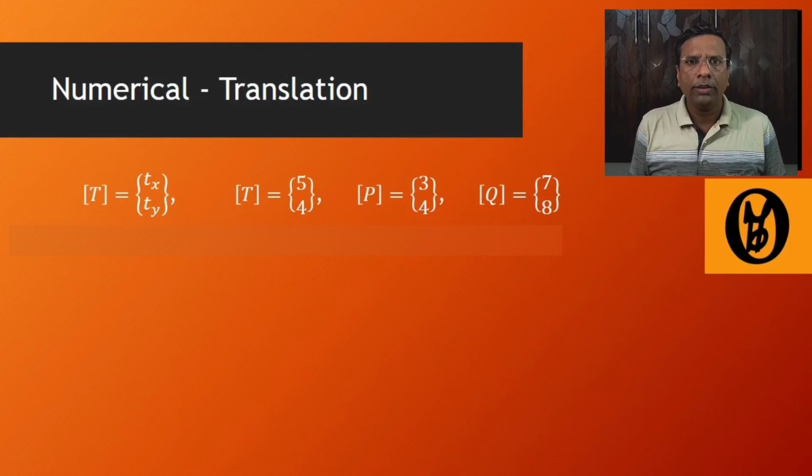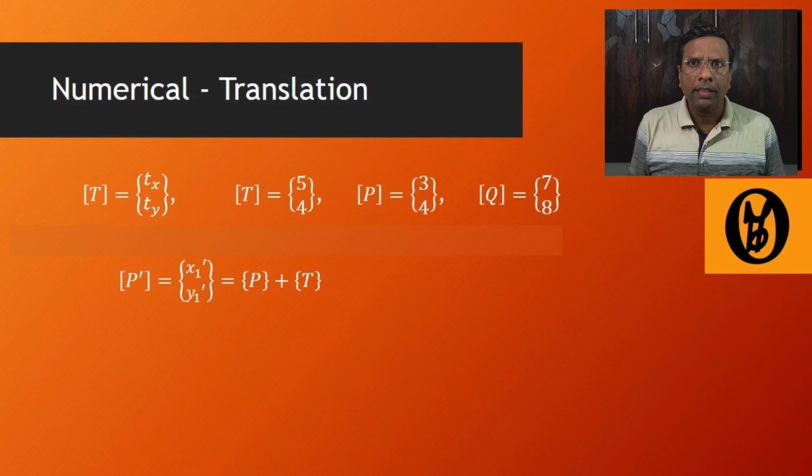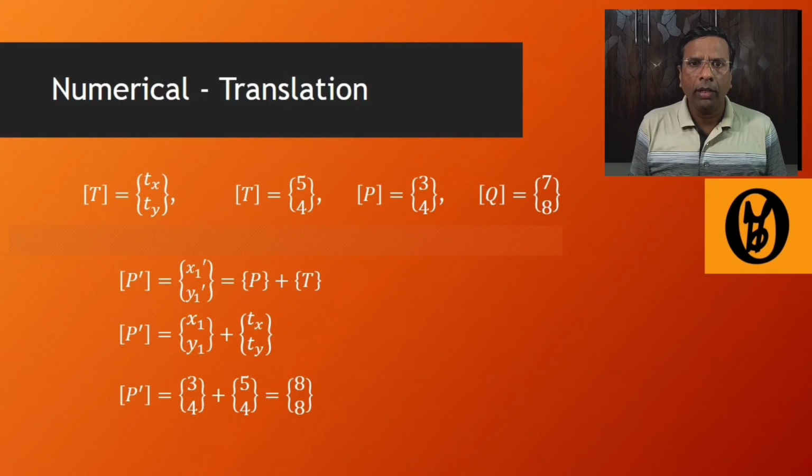The new coordinates of the endpoints of line PQ can be calculated as P dash equal to x dash y dash equal to matrix P plus translation matrix equal to x1 y1 plus tx and ty, and we get 8, 8.